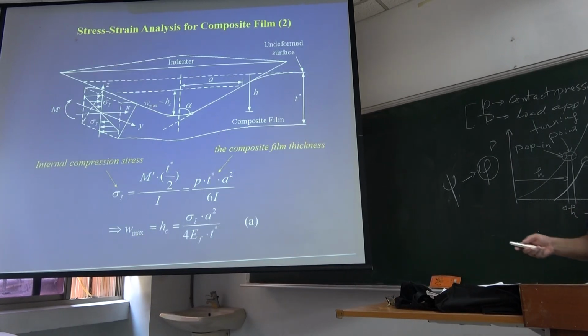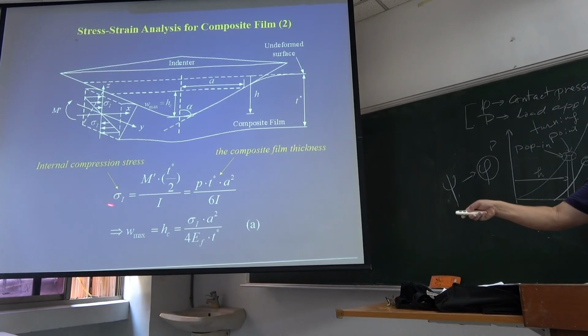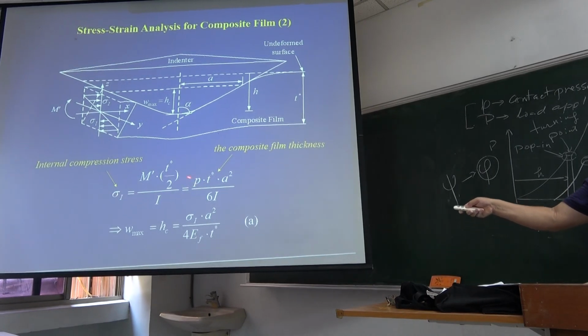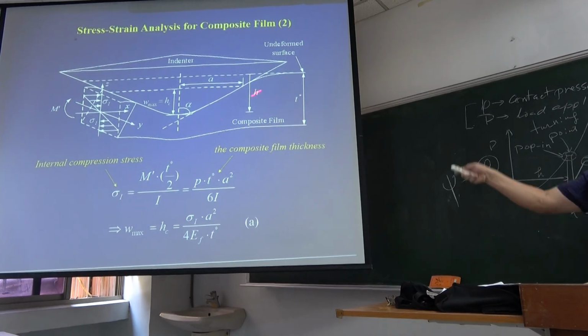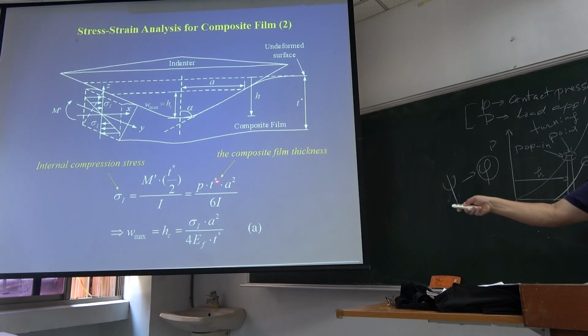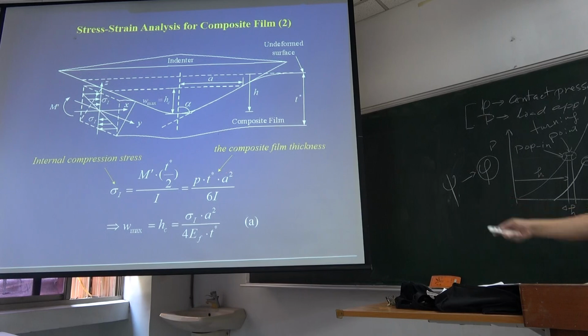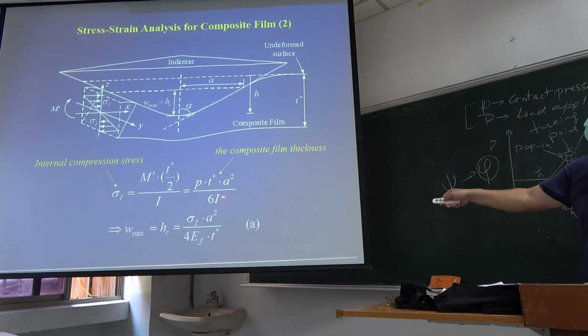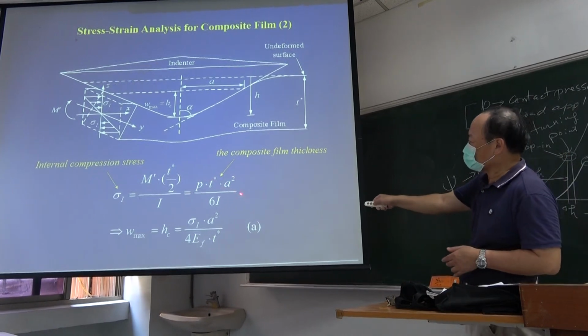Okay. Right? So the membrane theory allows the internal stress to look like this. Take the M prime from the last equation and substitute into this, we obtain this one. Okay. All right? And then from this equation, we obtain this one, right?